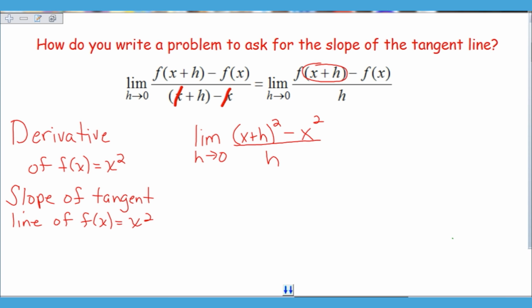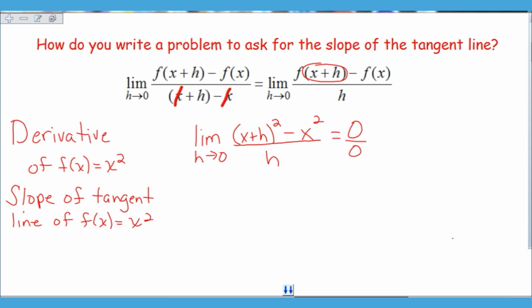So even though this is a limit problem, it is a very special limit problem because it's asking you for the slope of the tangent line for any x on x squared. Okay? So let's say I wanted to do this limit. Well, in the last section we did limits, we plugged in the value. So if I plug 0 in there for h, I get x squared minus x squared, which is 0 over 0.